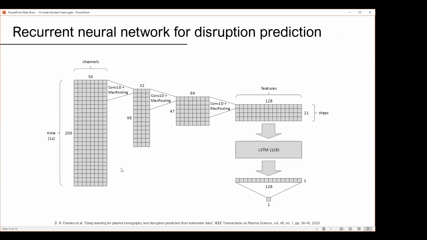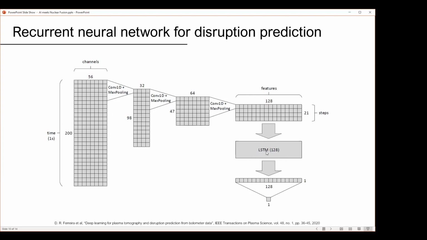And here, since we are already using this diagnostic, we took this opportunity to try out a model to predict disruptions. Basically what we came up with was a recurrent network. So you see an LSTM somewhere in the model.